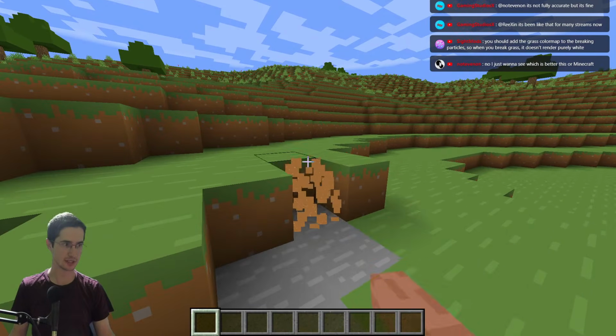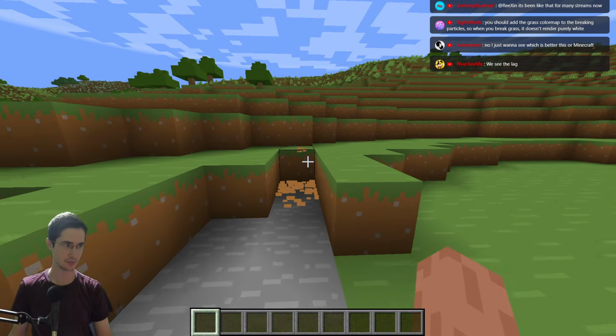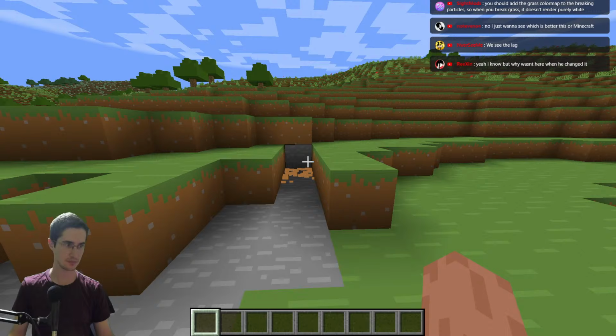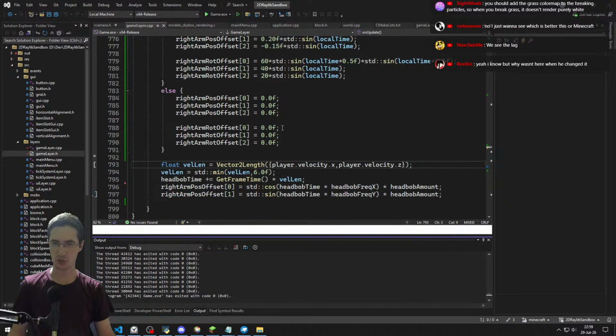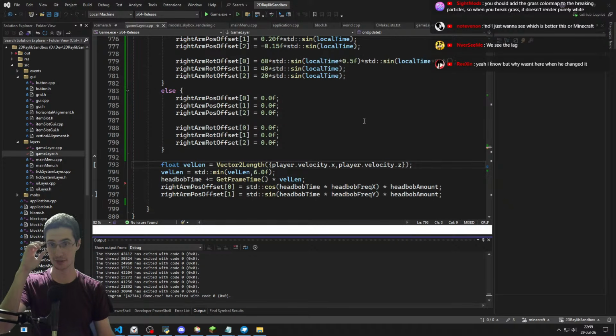I have grass color map. How should we combine the head bob with the other part?